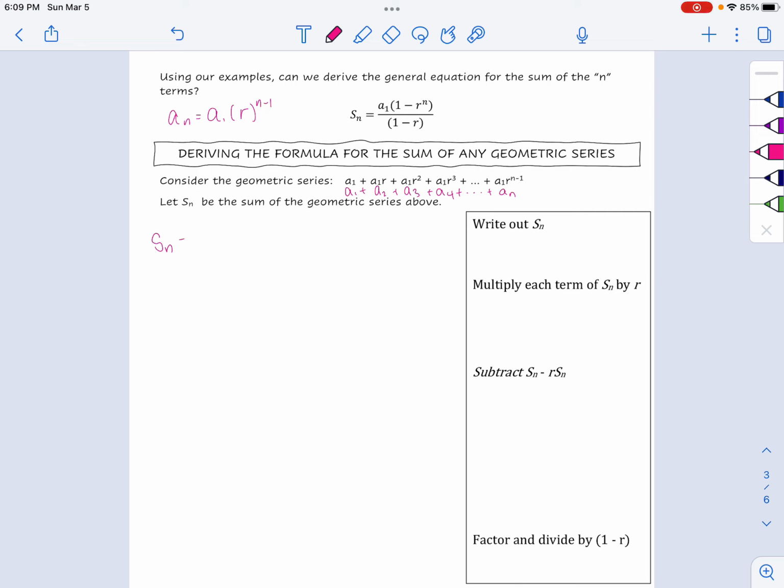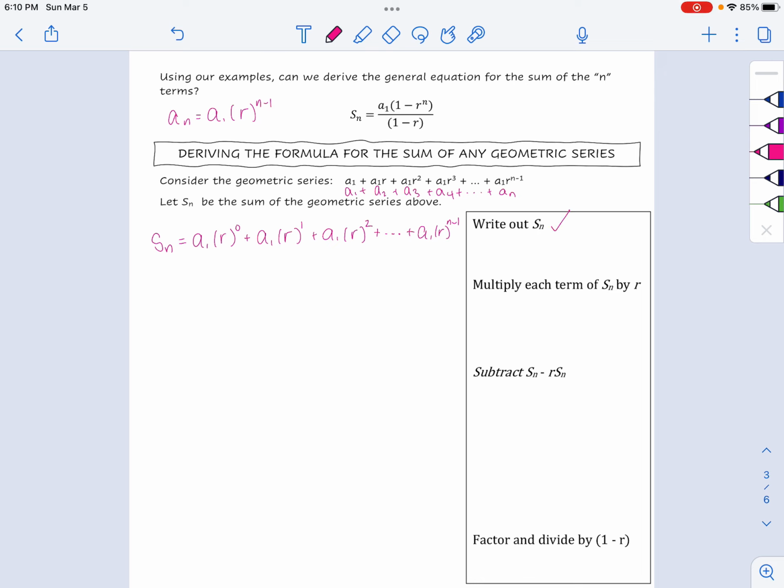So S sub n is a sub 1 times r to the 1 minus 1 power, which is 0, plus a sub 1 times r to the 2 minus 1 power, which is 1, plus a sub 1 times r to the 3 minus 1 power, which is 2, plus dot, dot, dot, all the way up to the nth term, which is going to be a1 times r to the n minus 1. So we don't know how many terms there are in between those two. That's why we have the dot, dot, dot.